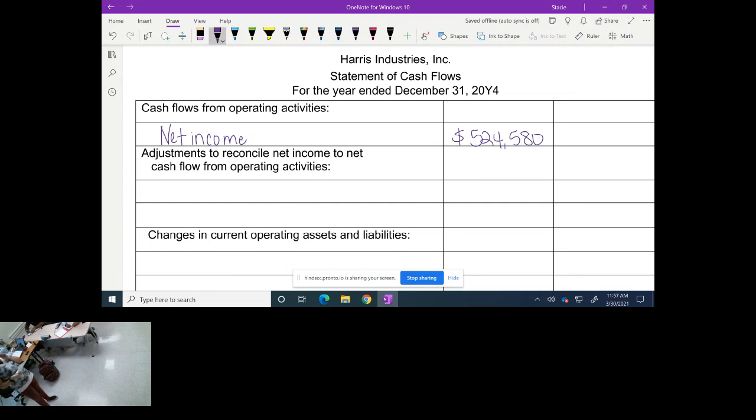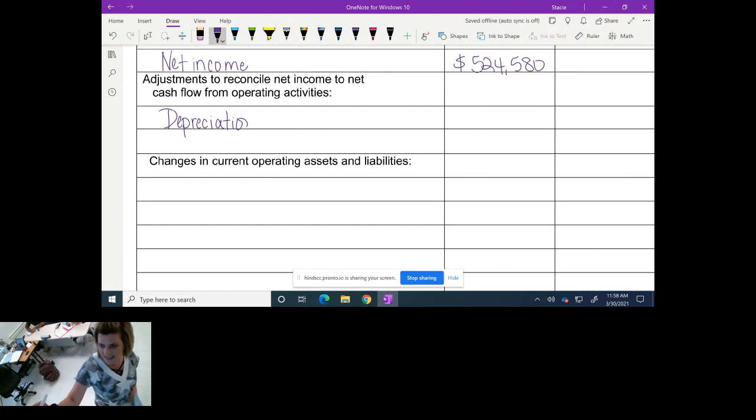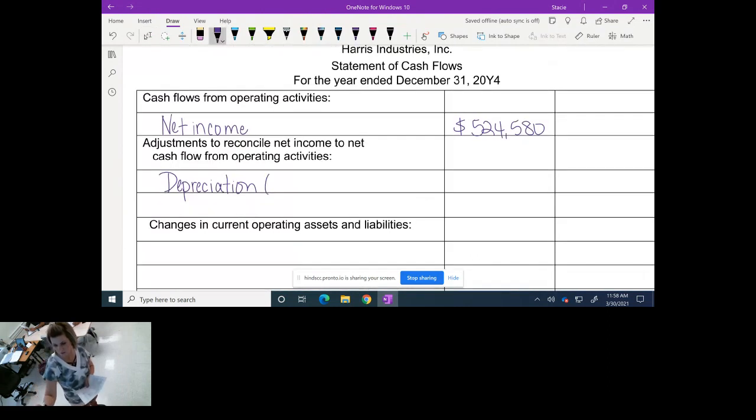So the next thing we're going to report are adjustments to reconcile net income to net cash flow from operating activities. So the first thing we're going to put in here is depreciation. So we'll have to add those two amounts together. So how much is that? We've got 22,680 and 51,660.